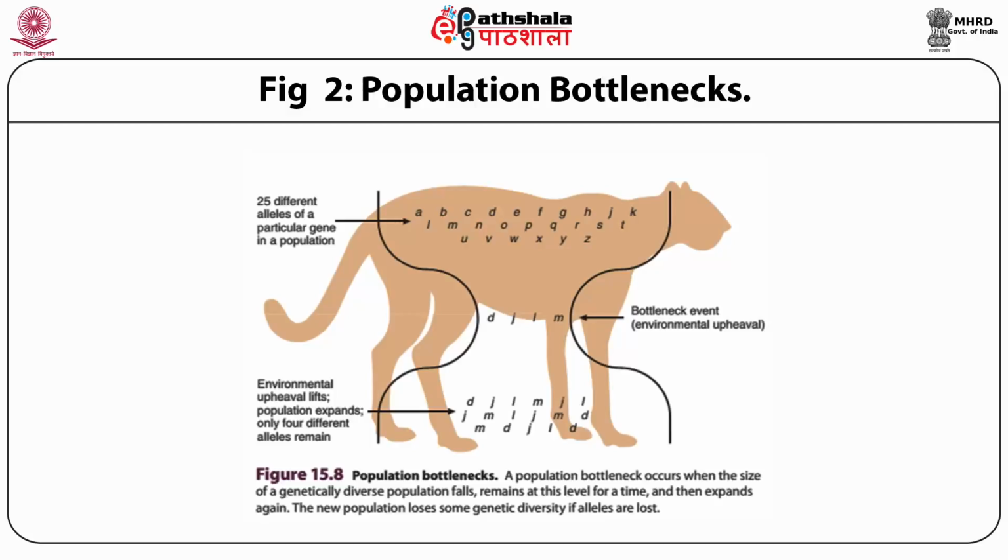An allele in the remnant population might become more common in the replenished population than it was in the original larger group. Therefore, the new population has a much more restricted gene pool than the larger ancestral population, with some variants amplified, others diminished. A population bottleneck can occur when people or other animals colonize islands.